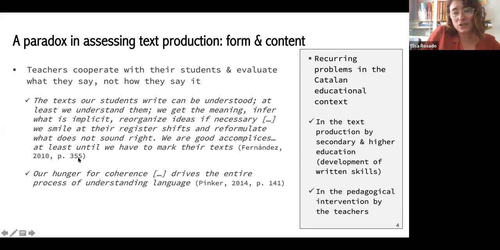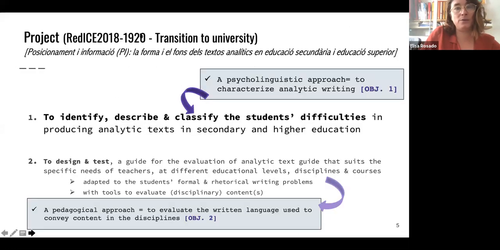Right. So with this starting point, a couple of years ago now, we presented this project in order to analyze the form and the content of the texts by Catalan students, secondary school and university students, and with a double goal.